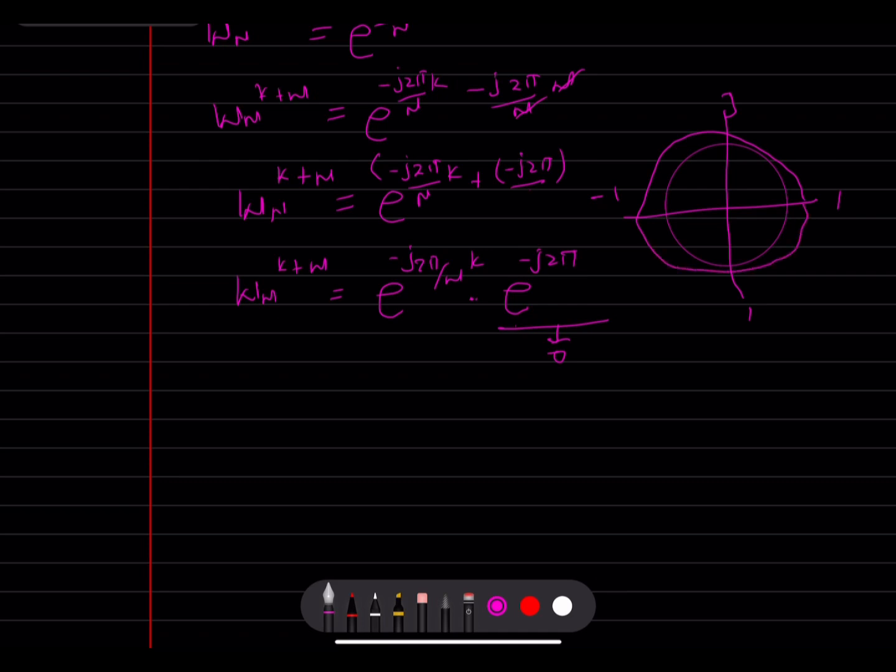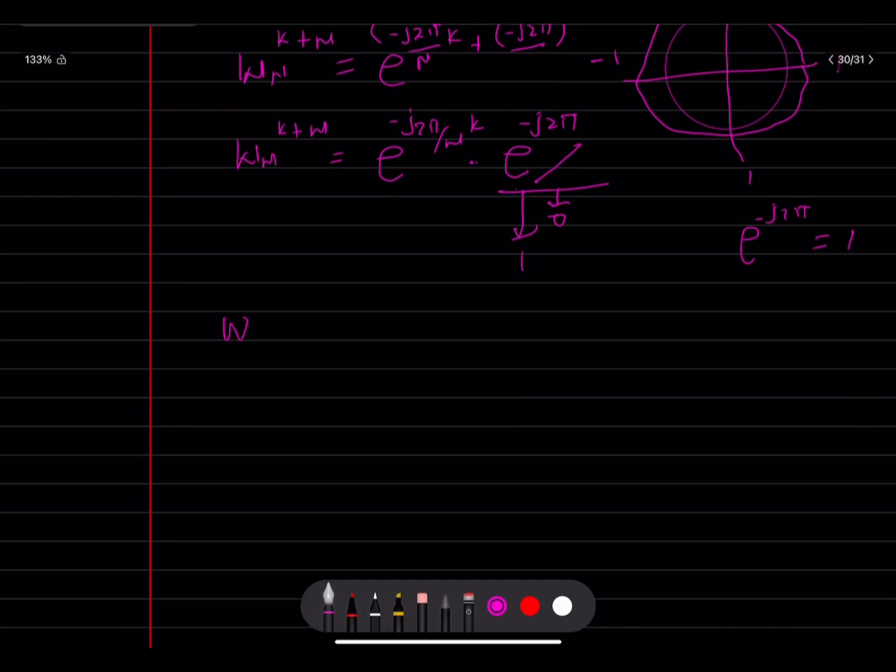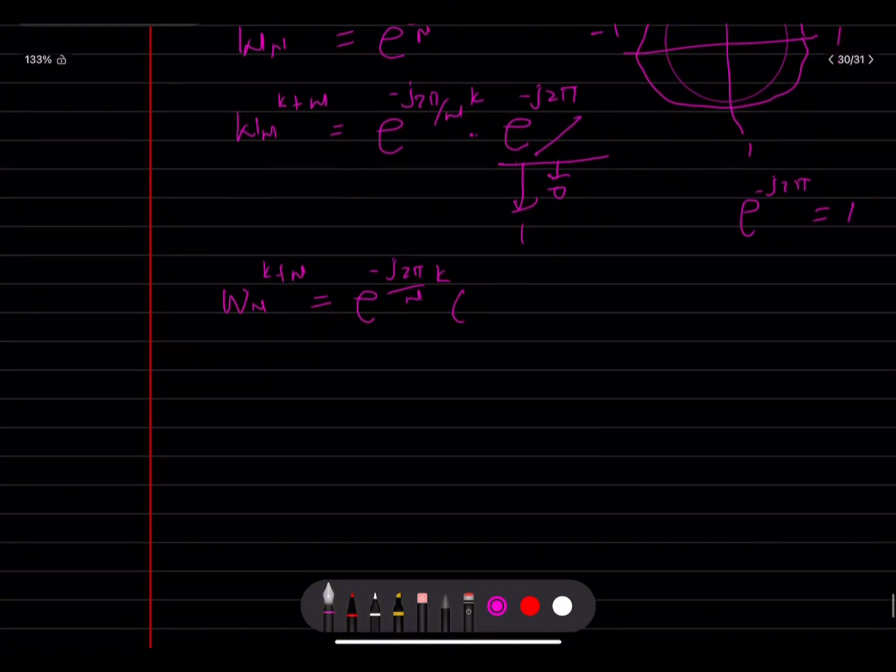It means that exponent -j 2 pi is equal to 1. Therefore this evaluation of the exponential function is equal to 1. So we can write it as exponent -j 2 pi over N k, and then multiplied by 1.